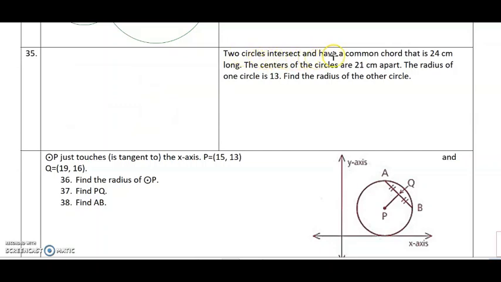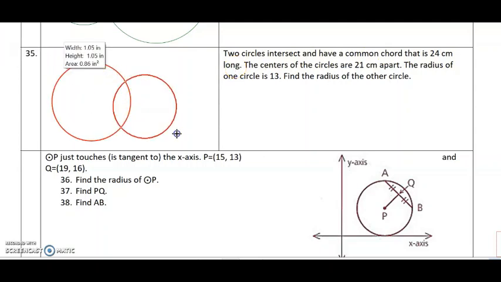Two circles intersect and have a common chord that is 24 centimeters long. This is the common chord. The centers are 21 centimeters apart. The radius of one circle, it doesn't tell me which one, and I didn't get a diagram, so I'll just choose.